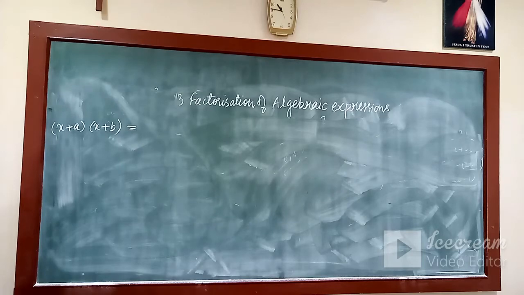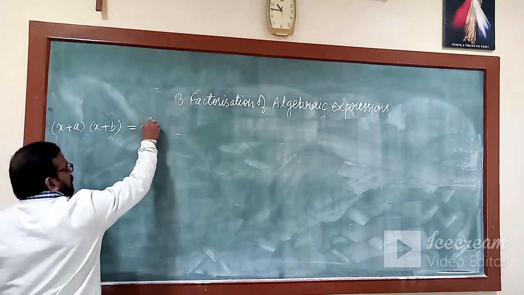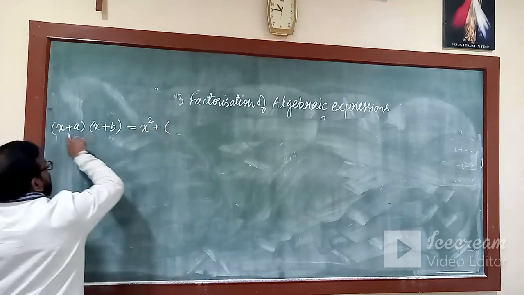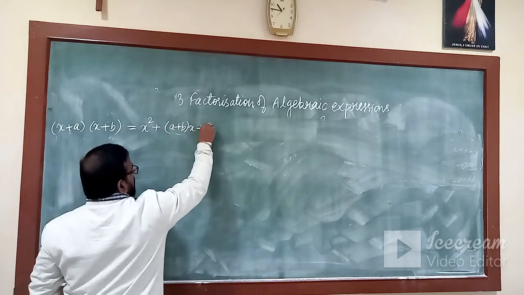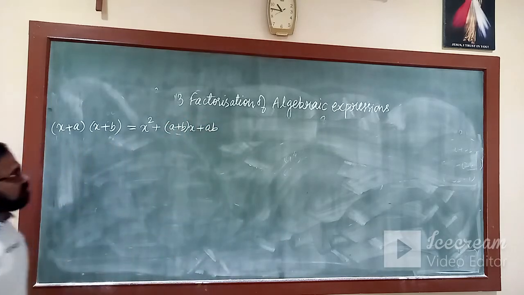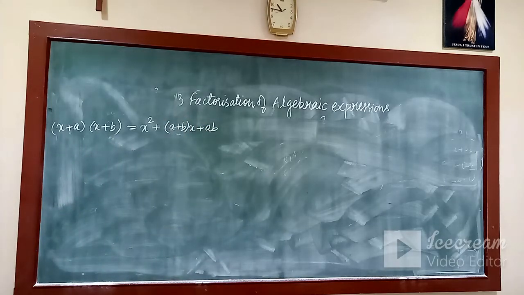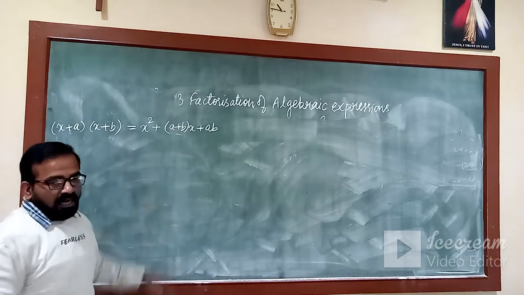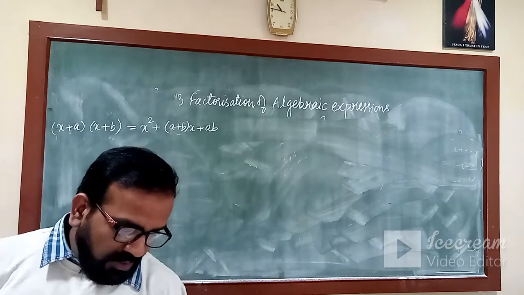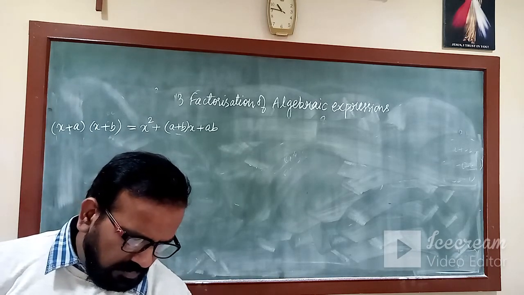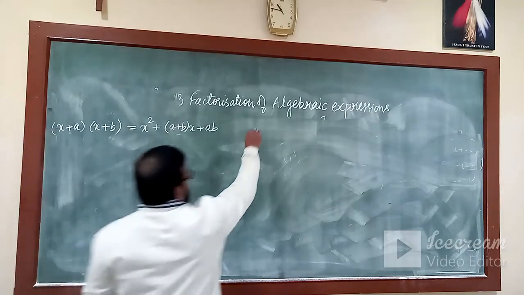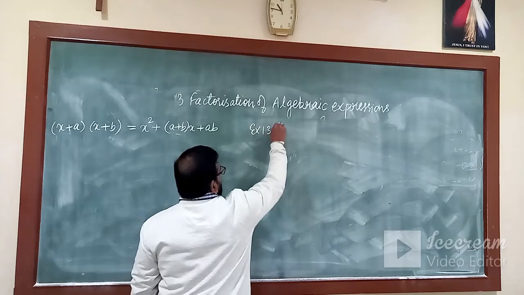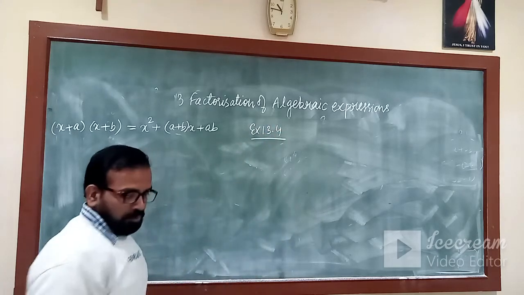Now the method is, we will write x square plus, these two will be added, (a plus b) into x, plus ab. Okay, and we will take this a and b along with the sign. What is the meaning of along with the sign? Let's see.